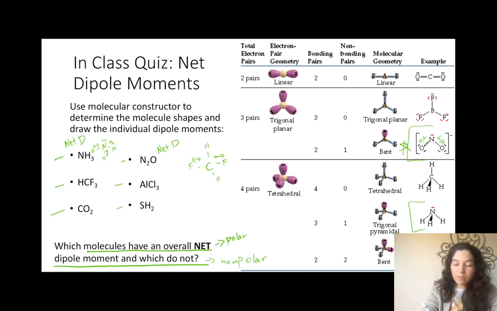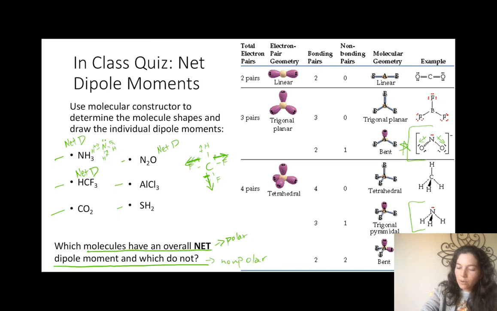But we've got a fluorine down here pulling, and a hydrogen up here pulling, but the hydrogen is going to pull a lot less than the fluorine. So if I was going to draw this correctly, I'd draw this arrow much larger. Okay, there we go. They're much bigger than the hydrogen arrow because that's a much bigger dipole moment. So this would also have a net dipole.